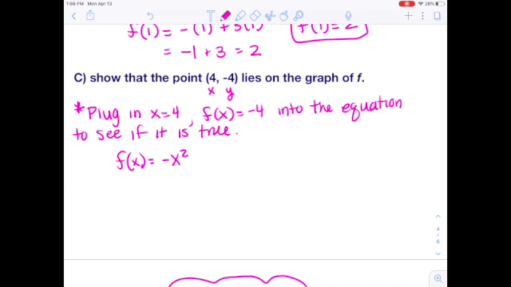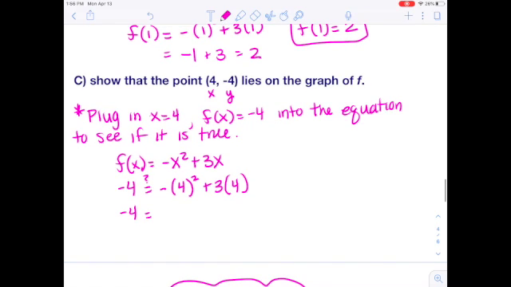So f of x is equal to, here's our function again. Plug in what you know. Does negative 4 equal negative, plug in the positive 4 as your x value, squared plus 3 times 4? Is that true? Does negative 4 equal negative 16 plus 12? That sure does.